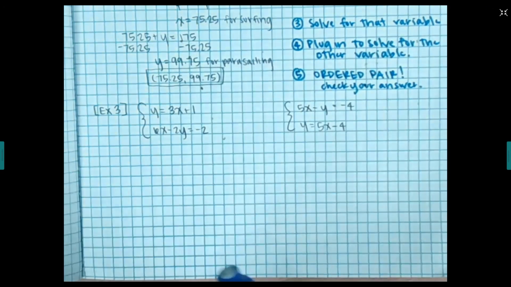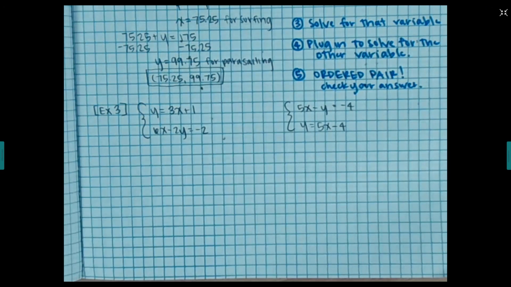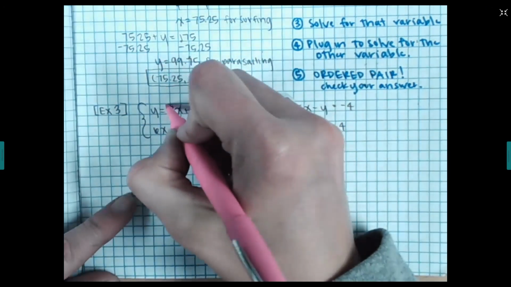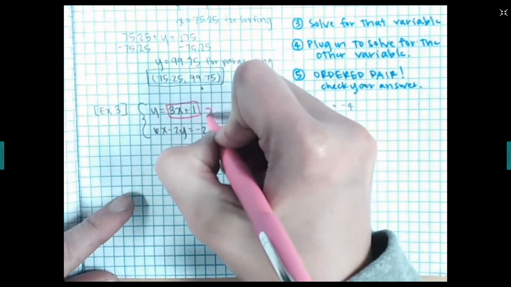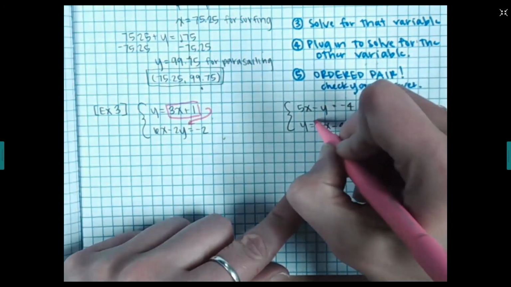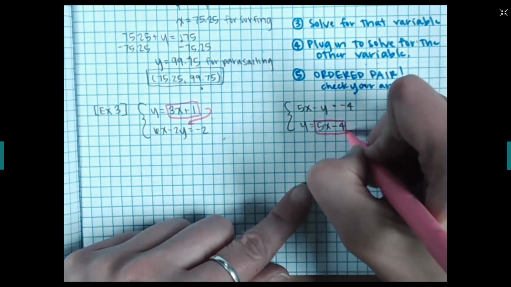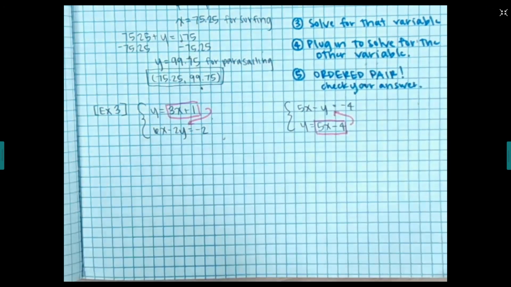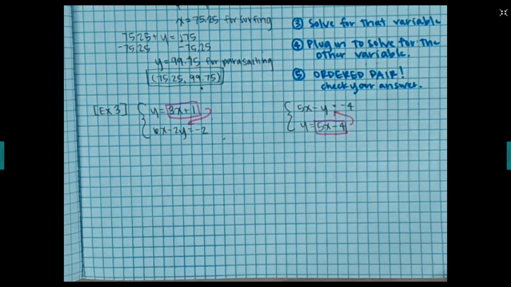Now it's great because both of them are already isolated for y. So I can substitute that value in already. I don't have to manipulate one of the equations at all.